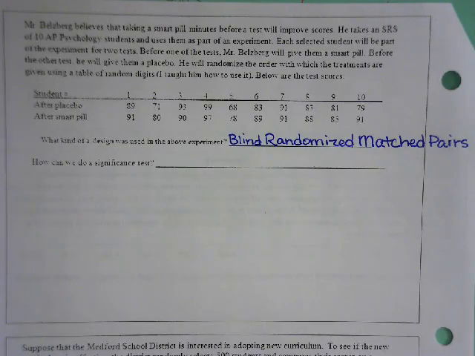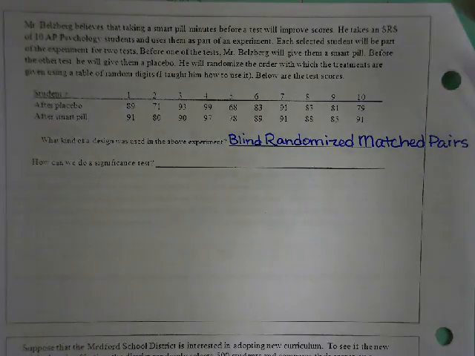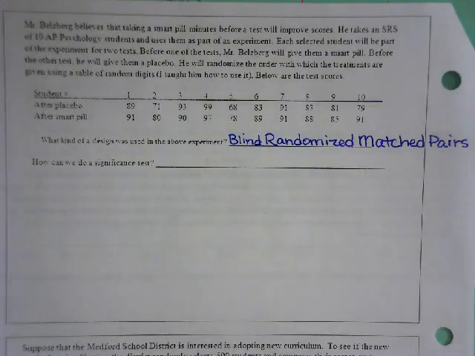All right. So, how would we do a significance test? The average difference. Thank you, ma'am. So we can't put two sets of data in there and do a t-test.